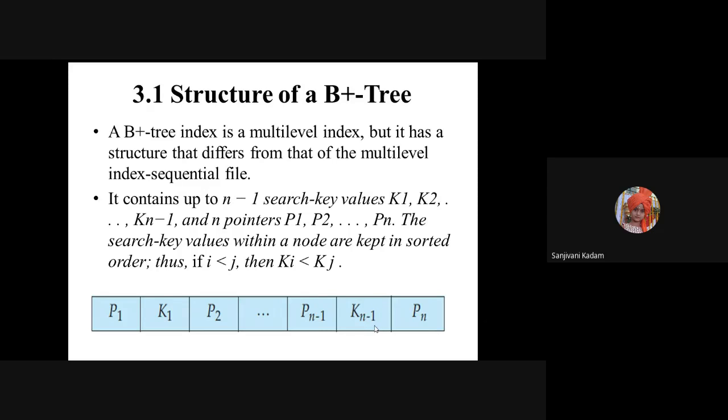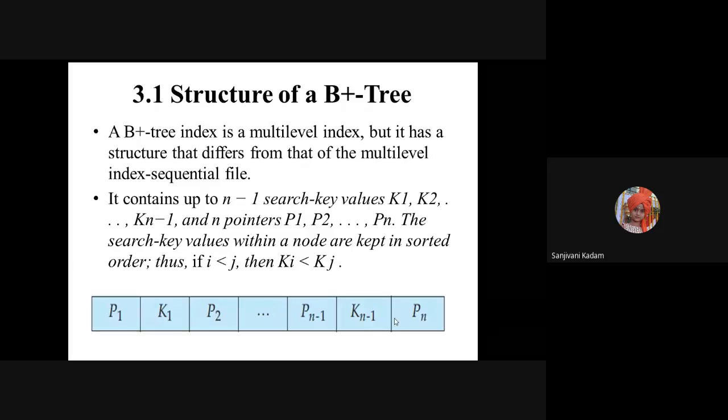For example, if I have order 4, then there will be 4 pointers and 3 search key values. This is exactly the structure of a node of a B+ tree.